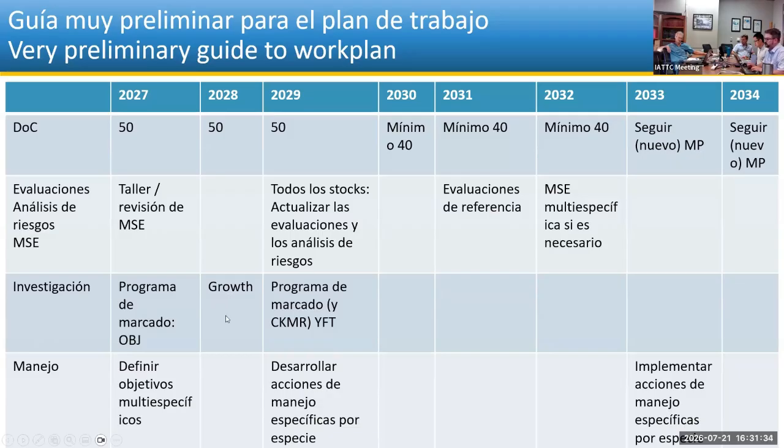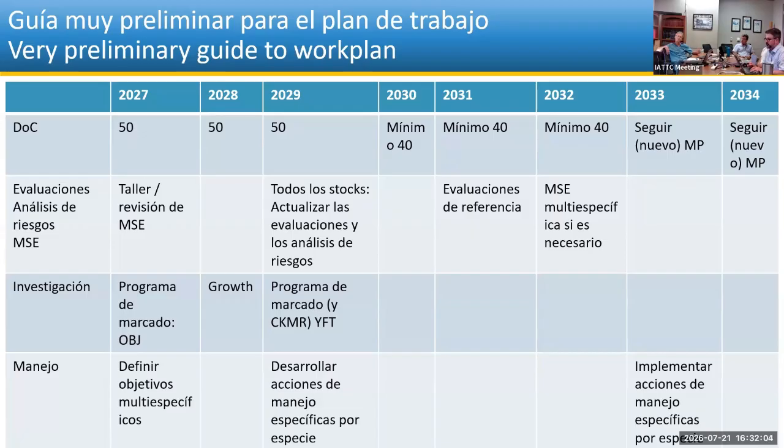Then we would also like to improve our estimates of growth and aging, and that would help us a lot to reduce the uncertainty in the assessments. And then in 2029, one of the issues with the floating object fishery is it doesn't provide information on large fish.